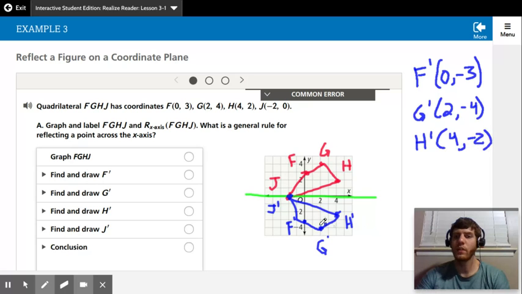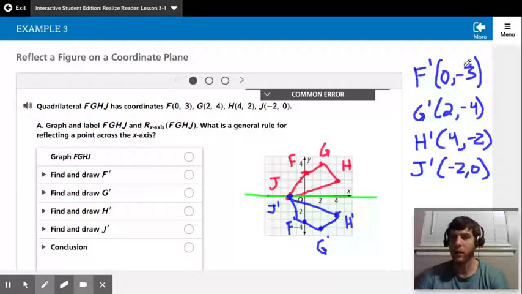And if we look at J here, J is negative 2, 0. So J prime then didn't change. It was still negative 2, 0. So what we notice in our pattern is we're going from 0, 3 to 0, negative 3, from 2, 4 to 2, negative 4, from 4, 2 to 4, negative 2, and from negative 2, 0 to just negative 2, 0. We notice that the sign is what's changing for our y values.